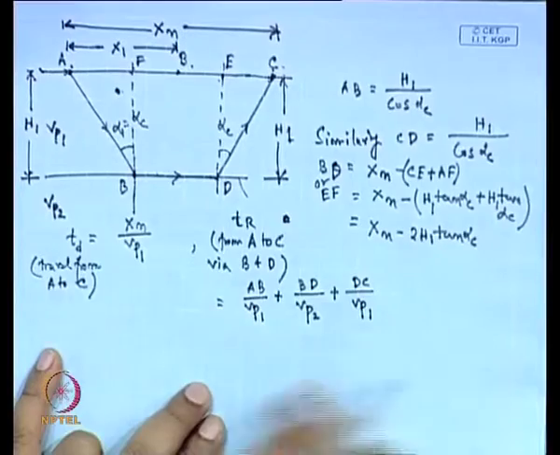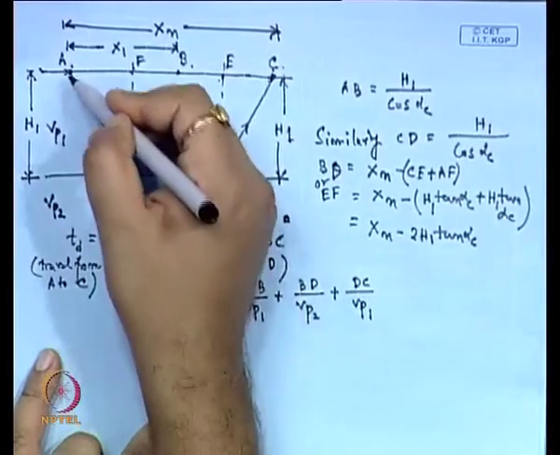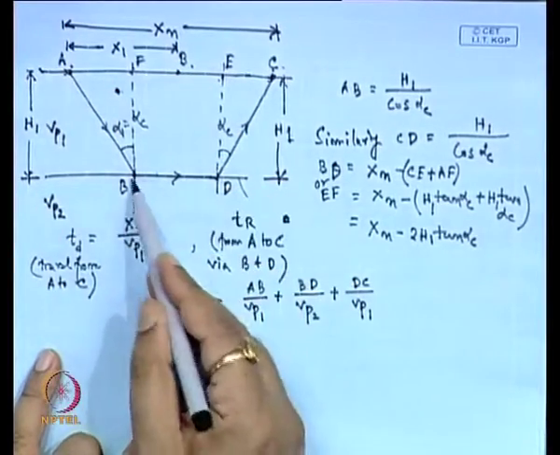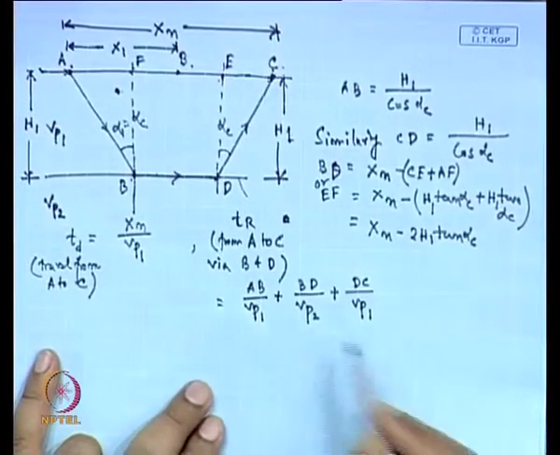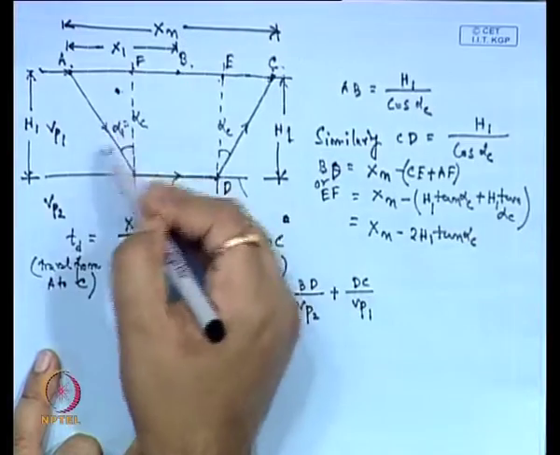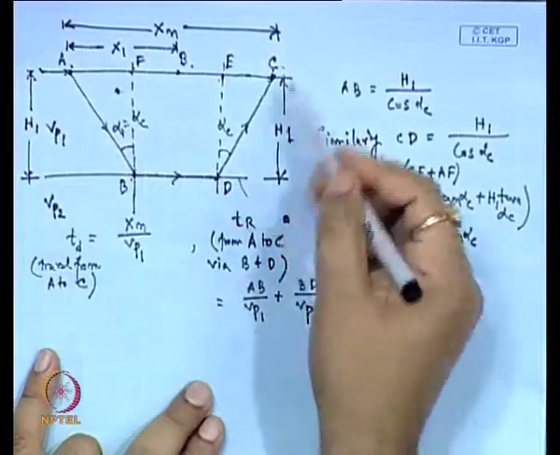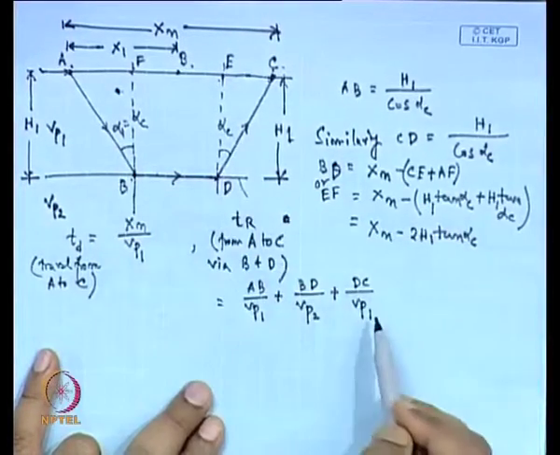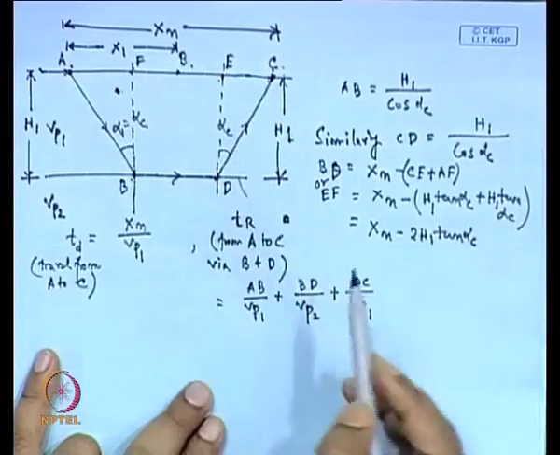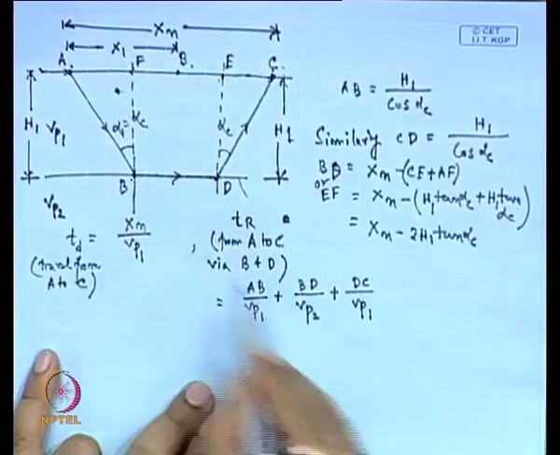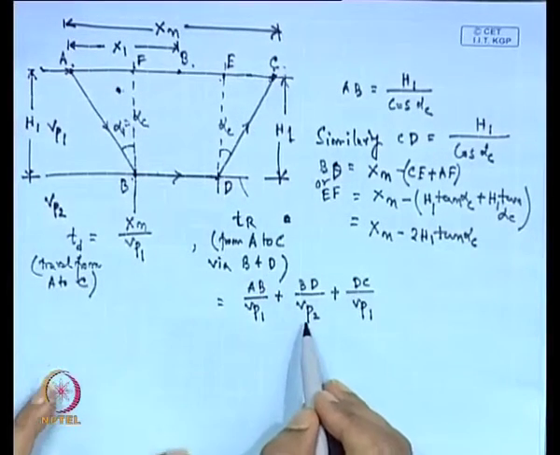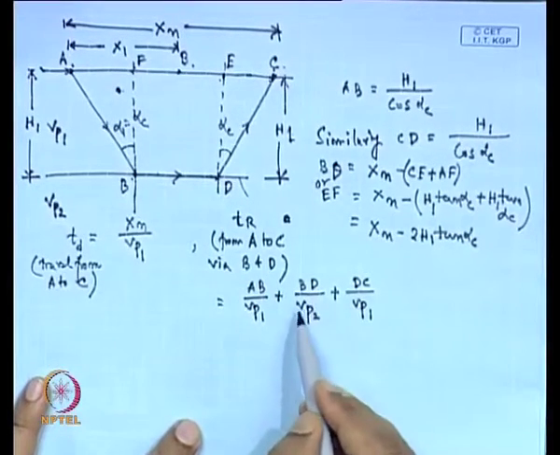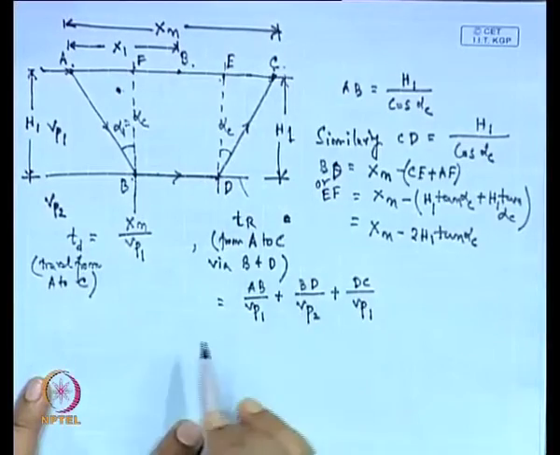These are the three distances, because it is passing from A to B, then B to D, and D to C. For A B it is passing through the first layer, for C D it is also passing through the first layer, but for B D it is passing through the second layer. So, you have to consider the second layer velocity when you calculate the time for this B D portion.